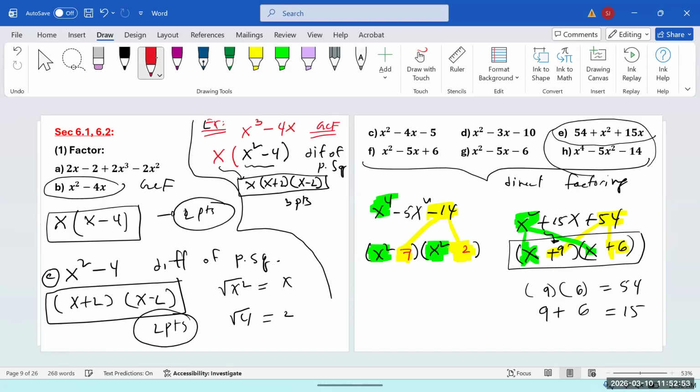And then what sign must 7 get? Negative, because the middle sign is negative. Now negative 7 plus 2 is going to give you negative 5. So 2 has to be minus. If you're not sure, you can check which one is true: negative 7 plus 2 or negative 7 minus 2. Definitely this is wrong.